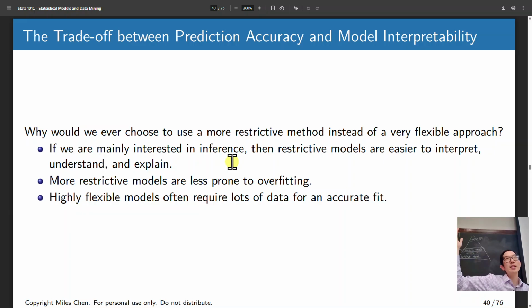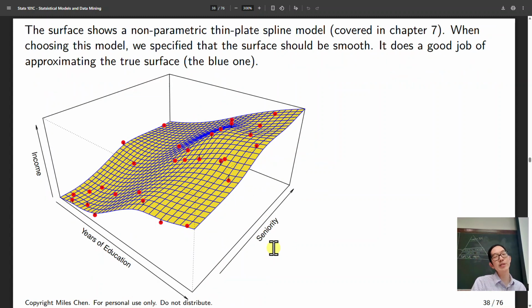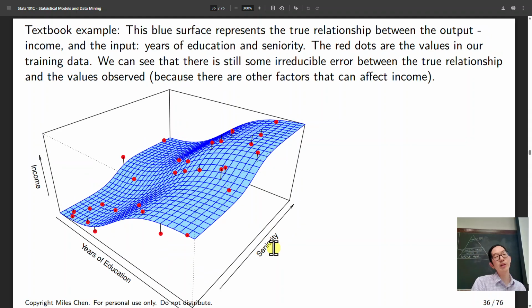So let's say we're trying to predict income based on years of education and seniority. The inference here is like, what is the true relationship? Based on the data I see, what is the actual surface that we have in the actual population, okay?